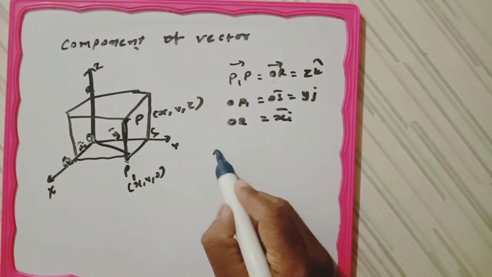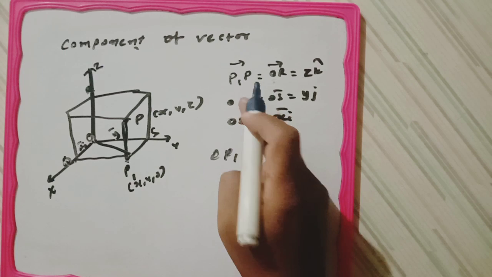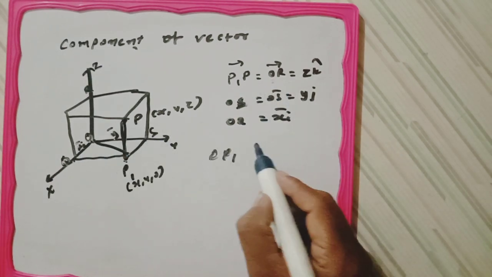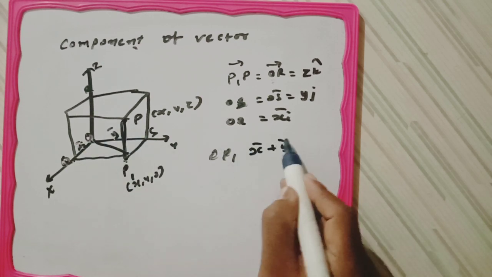So we can write OP1 equals OQ, which is xi caret, and OS, which is yj caret. So OP1 equals, by the parallelogram law, x bar plus y bar.